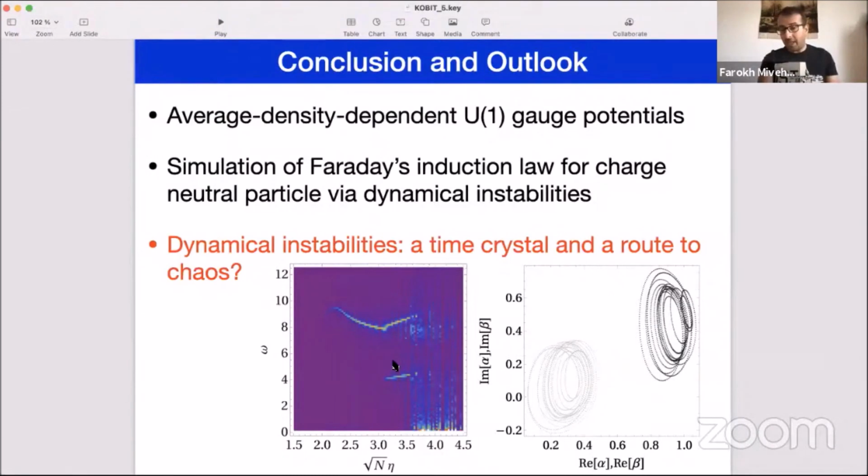And if we go even to higher atom-photon coupling rates, we see that even more harmonics are appearing in the system. This basically implies that we might have chaotic behavior. And this is not very surprising, because any period doubling would naturally lead to chaotic behavior.